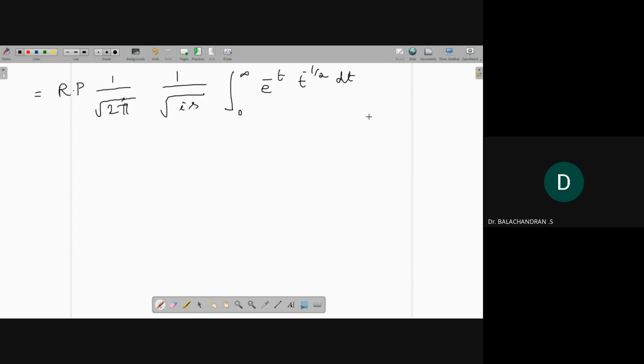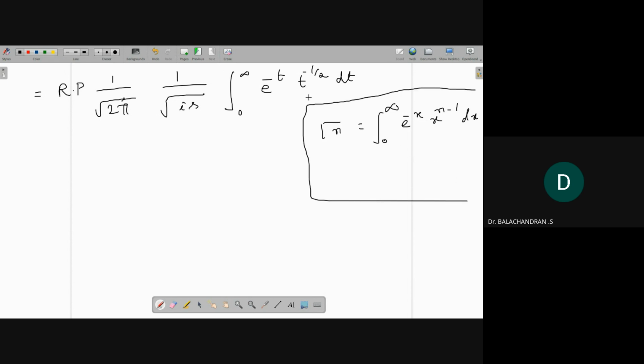Now, I think in the first semester you studied the gamma function. Gamma of n equal to integral 0 to infinity e power minus x into x power n minus 1 into dx. This is the definition of the gamma function. If I substitute n equal to half, what you will get? Gamma of half equals integral 0 to infinity e power minus x, x power minus 1 by 2 into dx. Instead of x, here we have t. So the value of this integral is gamma of half.